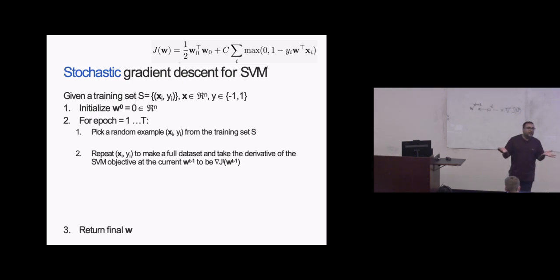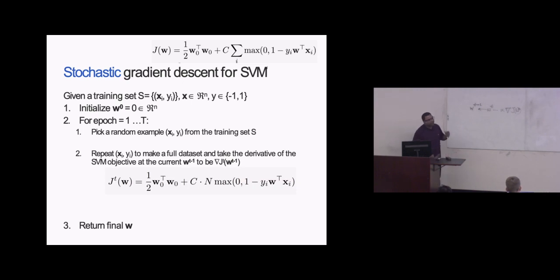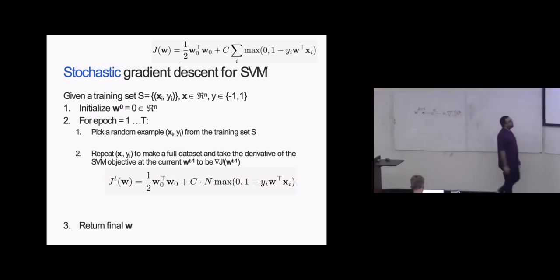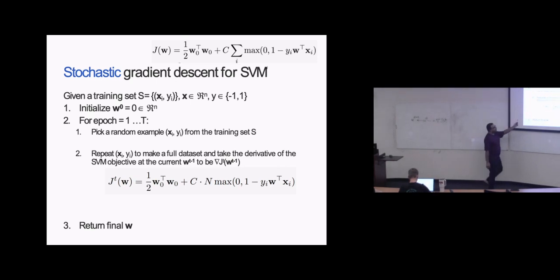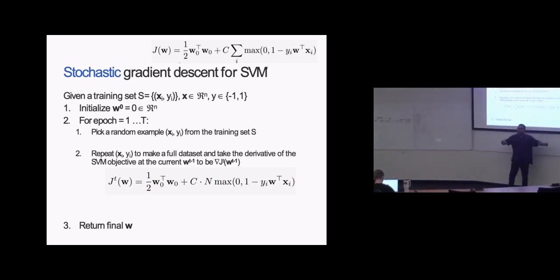It's just a constant at the end of the day. In terms of direction, that doesn't matter, but they assume a hallucinated data set with this single example repeated n times. You just multiply with n here, which is again a constant. It doesn't matter.